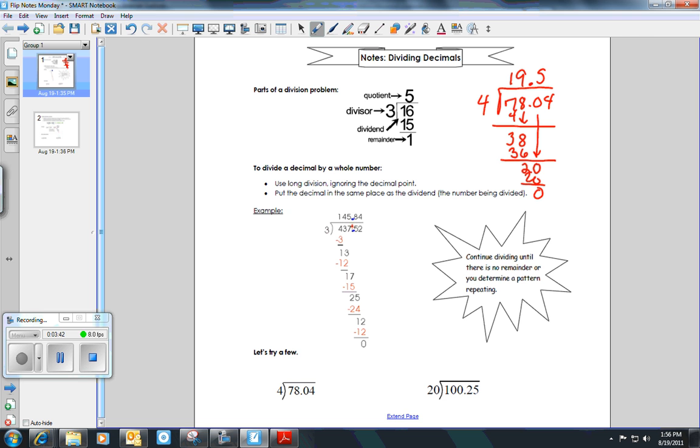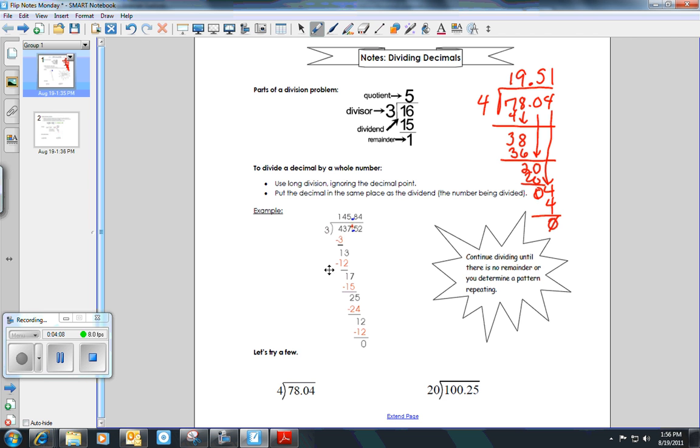But we're not done yet. We still have to pull this 4 down. And 4 goes into 4 one time. And then we have no remainder after that. So make sure that everything is filled in up here on the top. Don't stop here if you have another number that needs to be divided out, even if you end up with a 0 there.